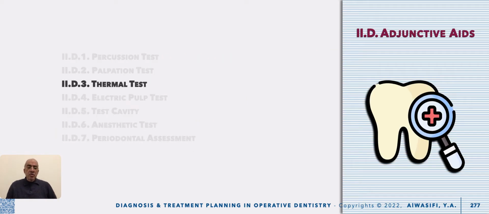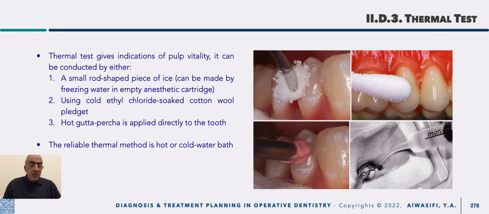Then come the thermal tests. All of these thermal tests aim to indicate the pulp vitality, and we will comment on this. It is not a vitality, it is a sensibility. It can be conducted by either a small rod-shaped piece of ice, which can be made by freezing water into an empty anesthetic cartridge, by using cold ethyl chloride soaked cotton pledgets, or by using hot gutta-percha.